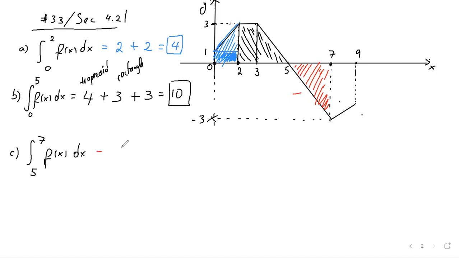So we're going to say negative, and we're going to take the area of this triangle that has a height of 3 and a base of 2, this one from 5 to 7, the base of the triangle I drew in red. And this is going to be equal to 3 times 2 over 2.